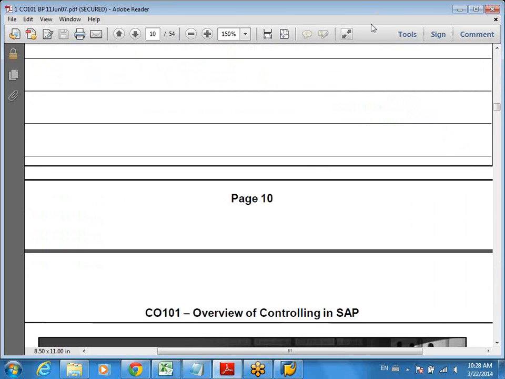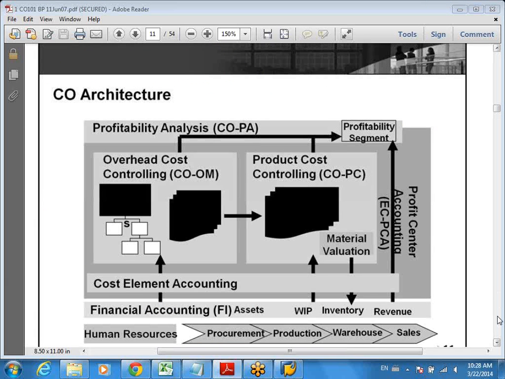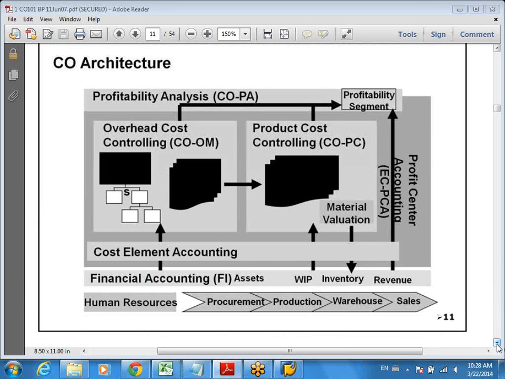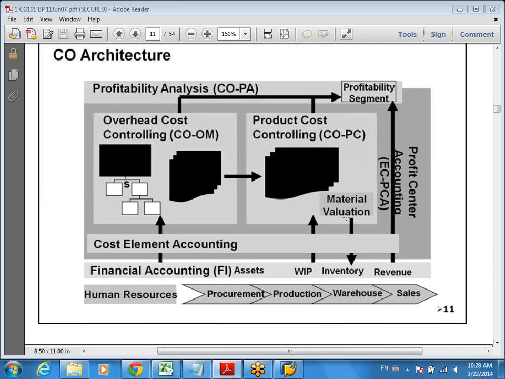So look at that. This is a CO architecture. CO can be broken down into overhead and product costing. Both postings are really coming from FI. We talked about work in progress inventory.